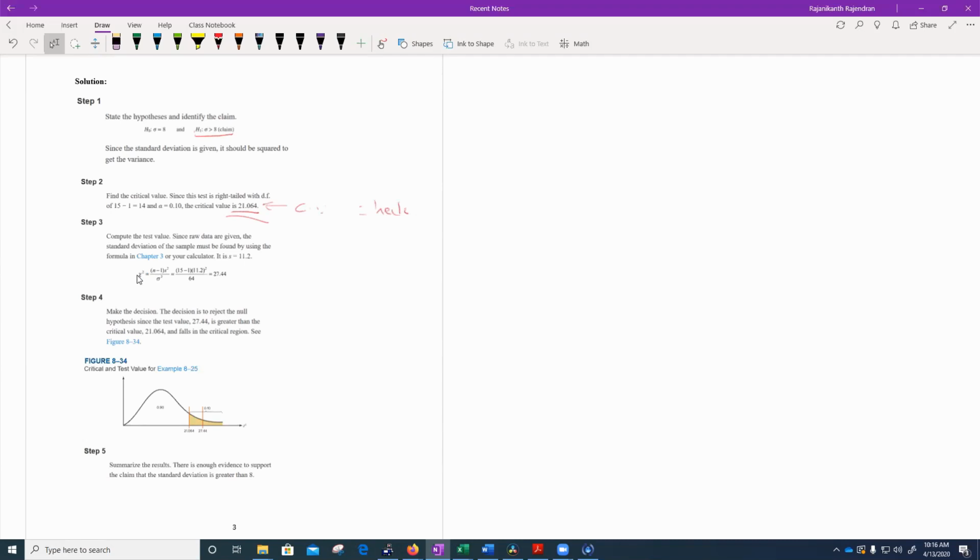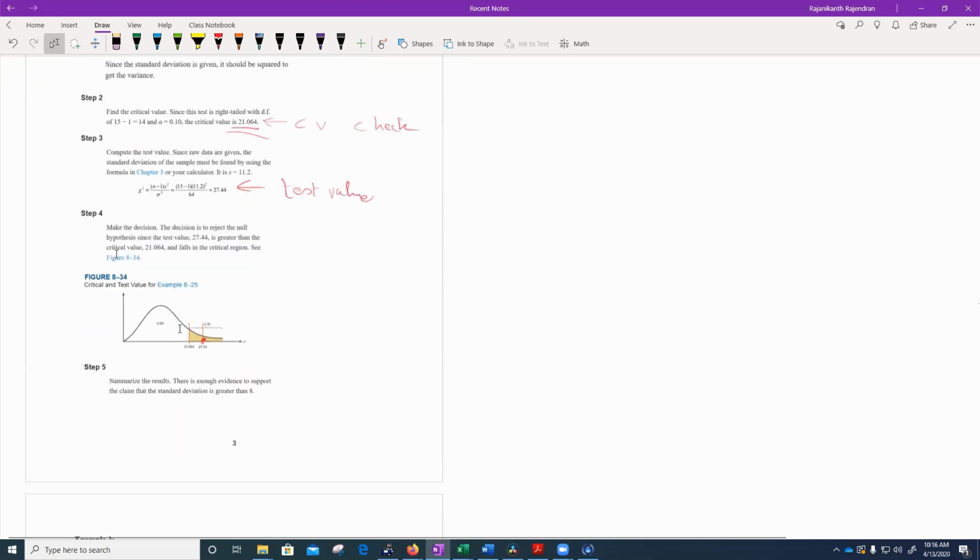So my test statistic is 27.44. So that is going to fall inside the critical region. Therefore, we reject our hypothesis. H naught rejected, right? Okay, since we reject H naught, our claim is correct. So therefore, that's enough evidence to support our claim, right?